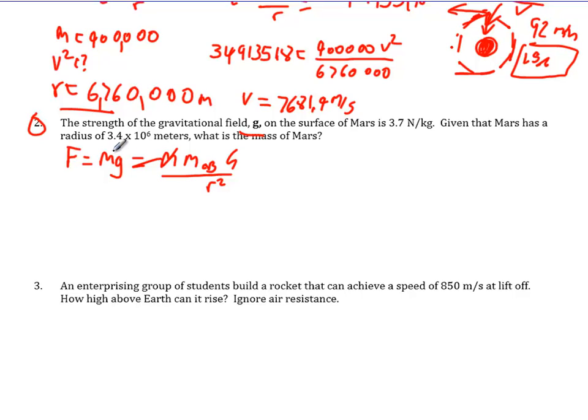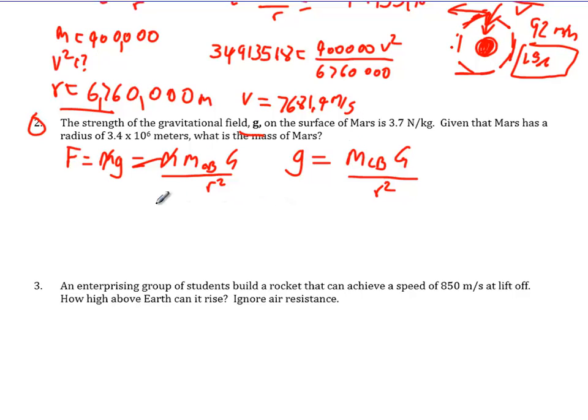And since mass is in both of these, we get g, the gravitational field, is equal to the mass of the central body, whether it's Earth or Mars or the Sun, times G divided by r squared.